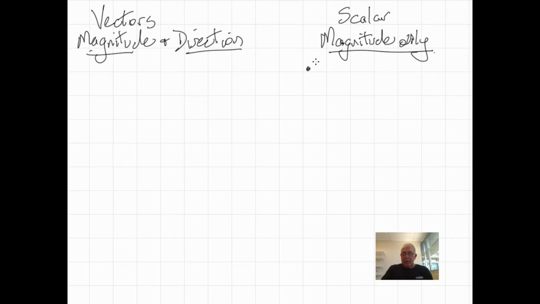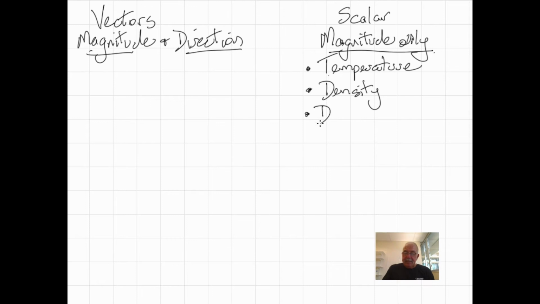If we were to look at scalars, since they're a little bit simpler, we'll look at them first. Some examples are temperature. And we measure temperature with a thermometer maybe, and we've got Celsius, Fahrenheit, Kelvin, and it's just a single entity, a single characteristic. Density, mass over volume, and we can measure that.